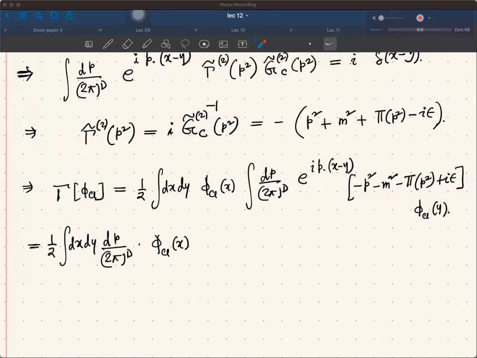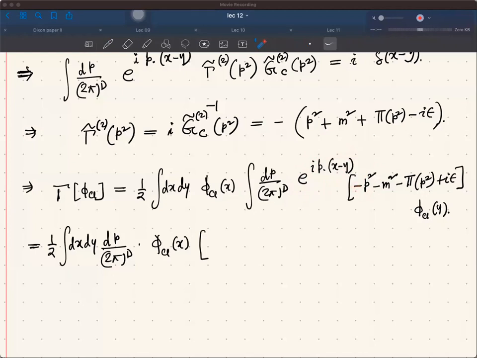That is how I'm going to manipulate it. If I write this phase factor on the right side, then p² is nothing but a double derivative with respect to y, but that will bring down a factor of i squared, which is minus, so that is minus p².